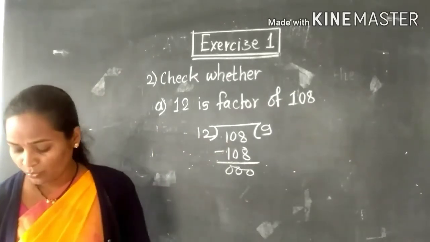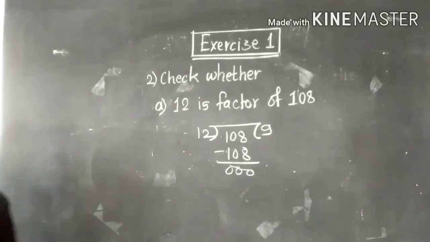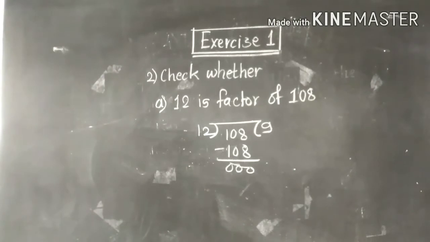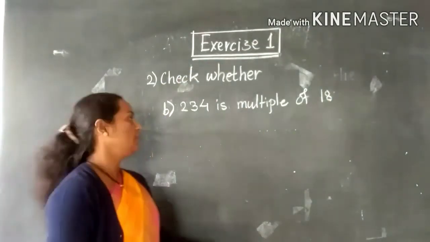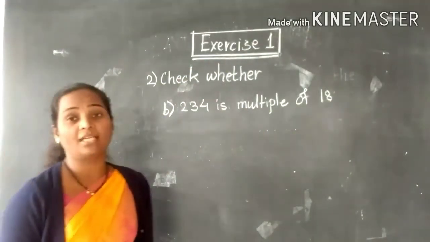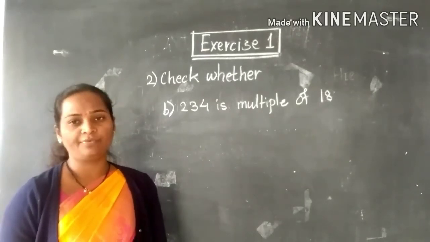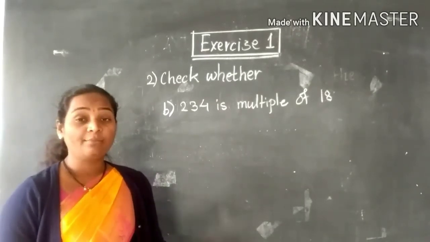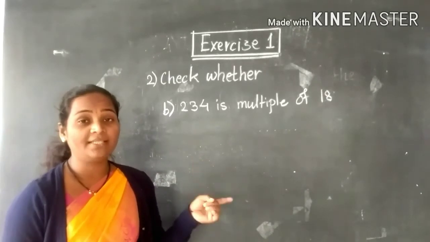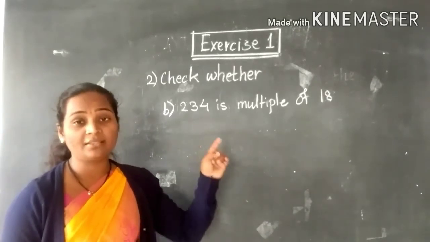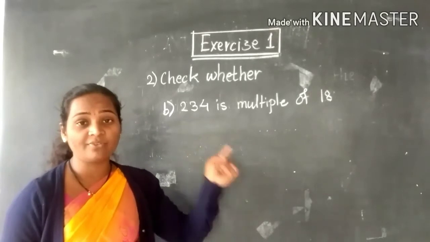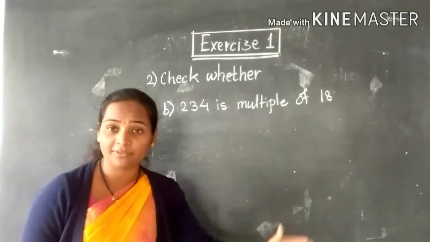It is proved: 12 is a factor of 108. Now we will turn to the next question. Here is your big question: is 234 a multiple of 18? You have to find out. Student, multiples of 18 means 18 ones, 18 twos, 18 threes, 18 fours, 18 fives. These are the multiples.